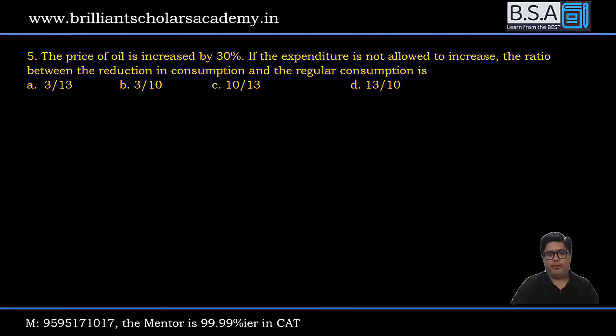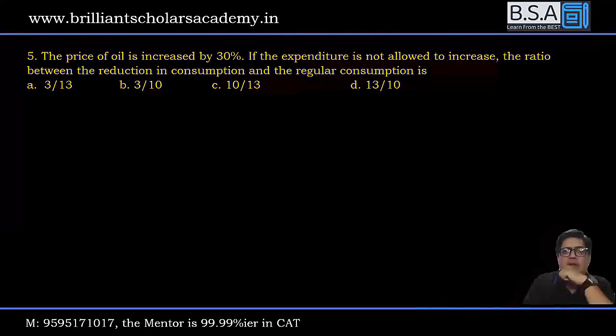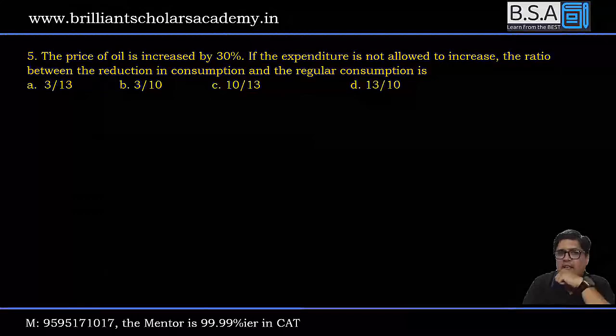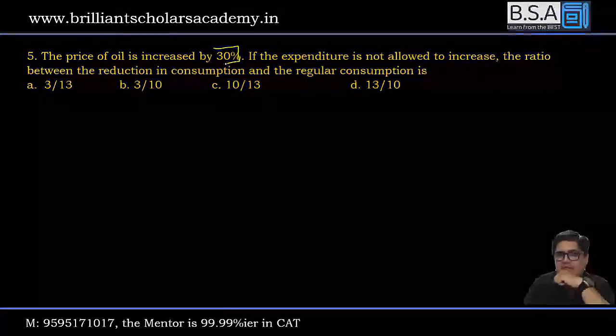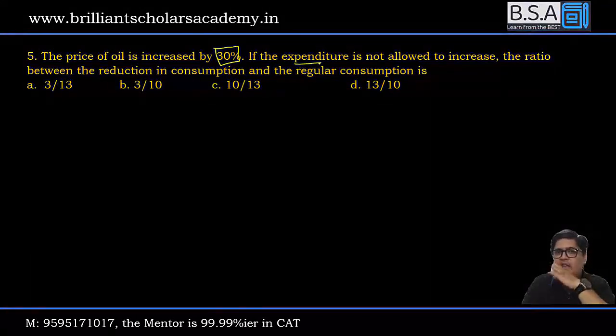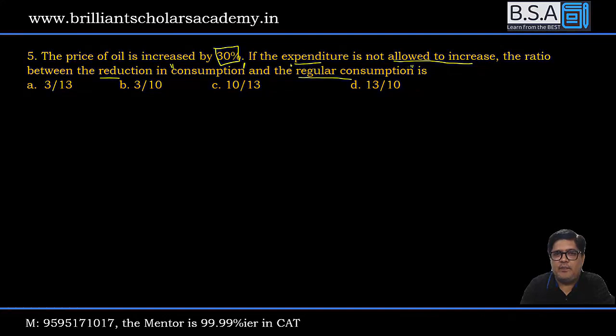See, I will teach you the ratios method further in future. For now, let us pay attention to the basics. The price of oil increases by 30%. Expenditure is not allowed to change or increase. The ratio between reduction in consumption and regular consumption is.